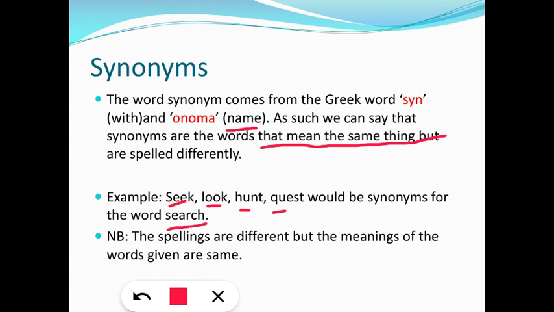So these are synonyms for the word search: seek, look, hunt, quest. Again, I repeat, the spellings are different, but the meanings of the words given are the same, right? And the state of being synonym is called synonymy.